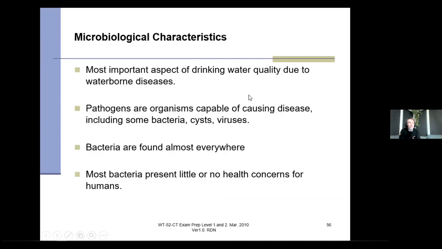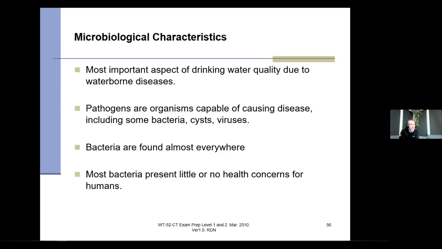Let's talk a little bit about waterborne diseases that are out there, right? And we're going to use that word pathogens again. We know pathogens are disease causing, and they can be bacteria or cysts or viruses. We know there's a lot of bacteria sitting around in here too. And again, there's good bacteria in yogurt and stuff.